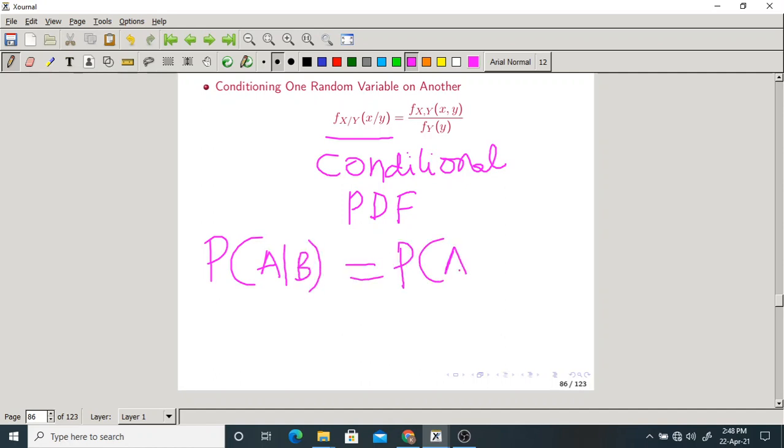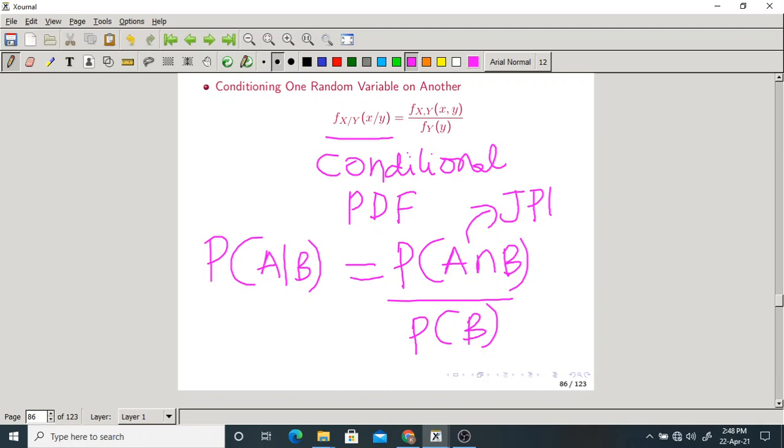Probability of a intersection b divided by probability of b, isn't it? In the same way, instead of probability, we are writing PDFs. This is something like the joint PDF, and this is the marginal PDF. So f of x given y of x given y equals f of x comma y divided by fy of y.